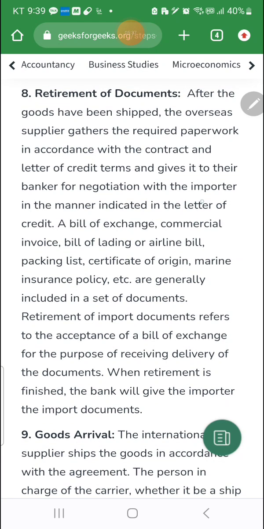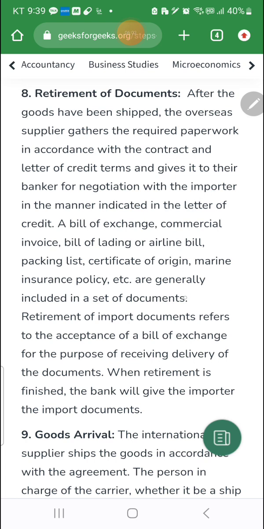After the goods have been shipped, the overseas supplier gathers the required paperwork in accordance with the contract and letter of credit terms and gives it to their banker for negotiation with the importer in the manner indicated in the letter of credit paperwork.